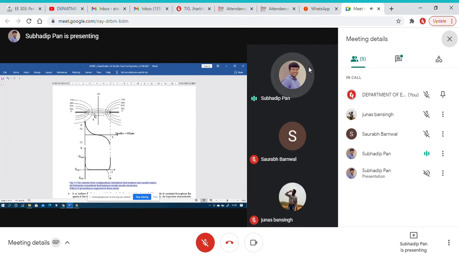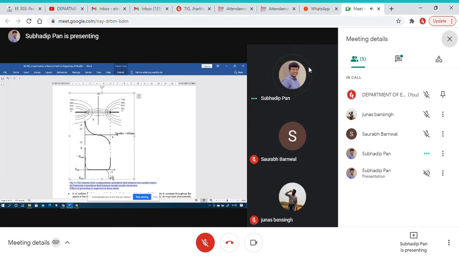For that case your graph should be like this, and the distance between the two needle electrodes will be defined by x. This portion, the minus portion, will be defined at the distance d, the needle to needle point distance of the two electrodes.